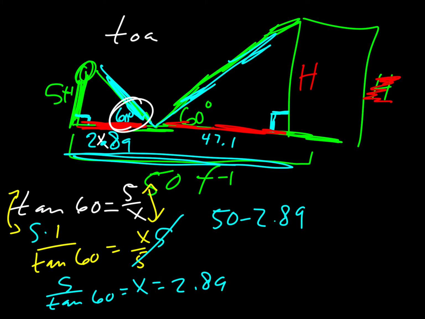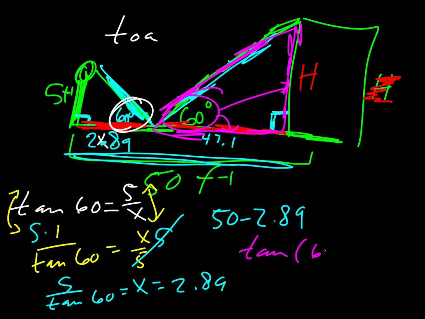Now if we just focus on this triangle, we have the opposite and the adjacent, so that's another tangent. So tangent 60 equals the opposite over the adjacent.